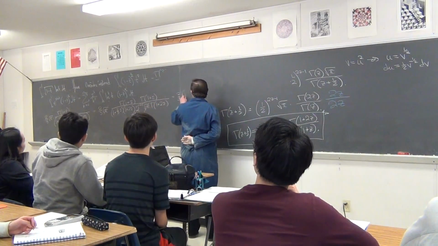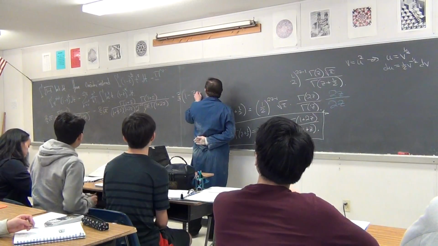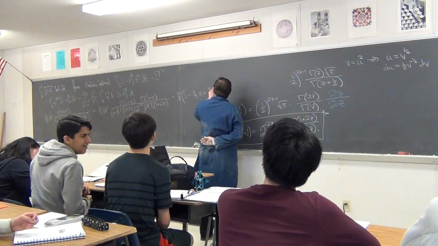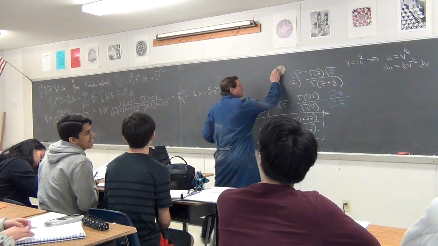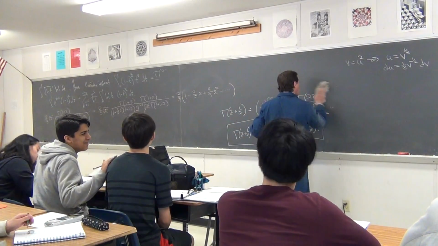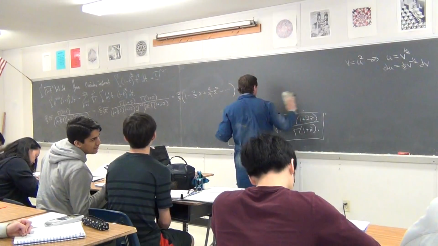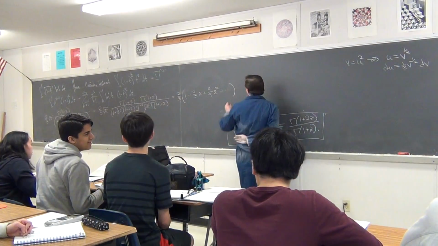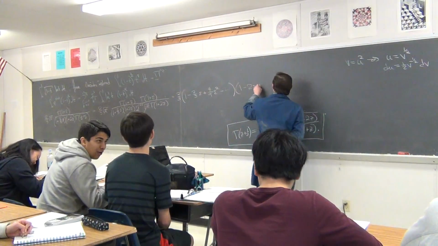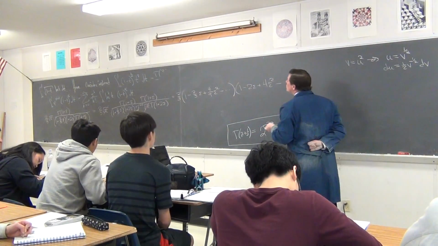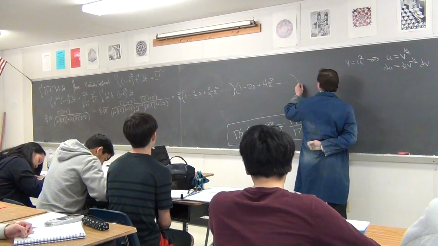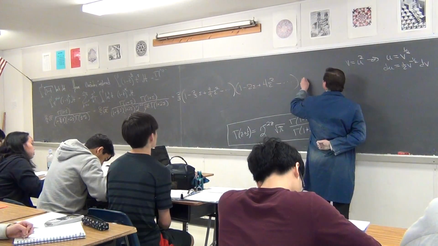So I'll write geometric. Two to the positive 2 epsilon, which I'm going to write like this.